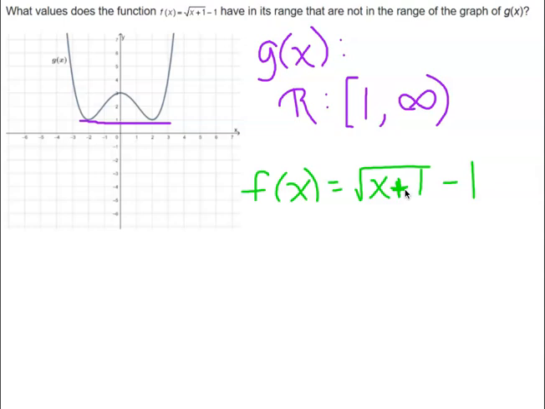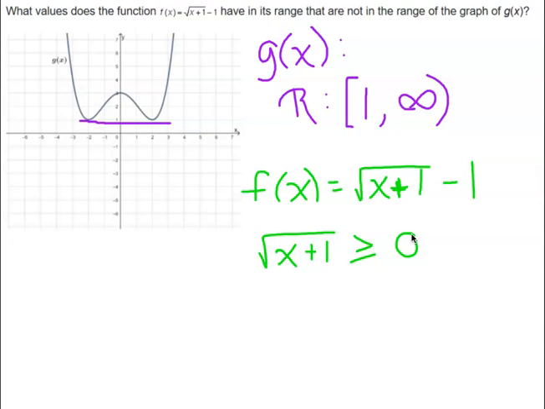One thing we do know about a square root is that what's inside it must be greater than or equal to 0, meaning we can't have a negative inside of that square root. So we're going to determine the x values that can be used, and then from there, find the range, or the y values.